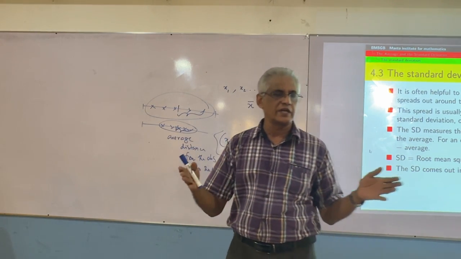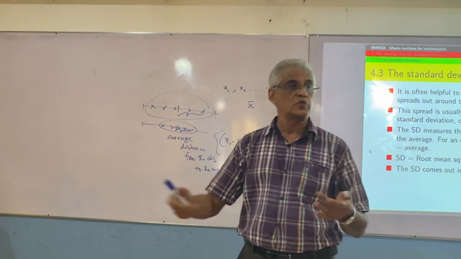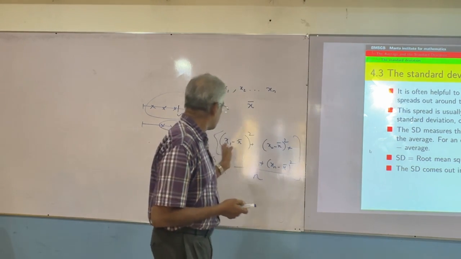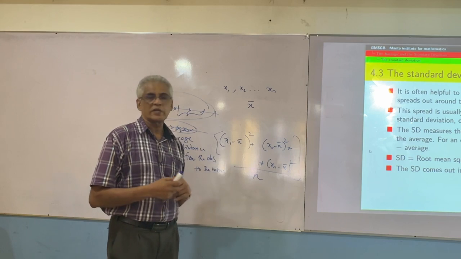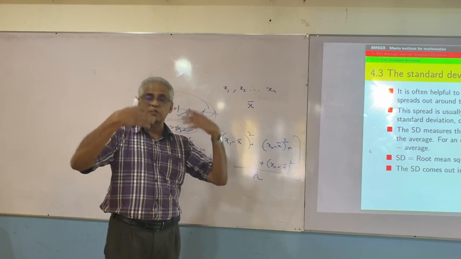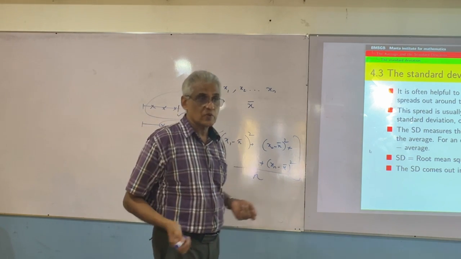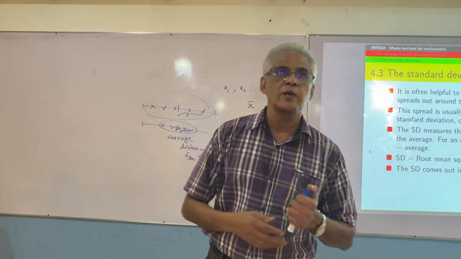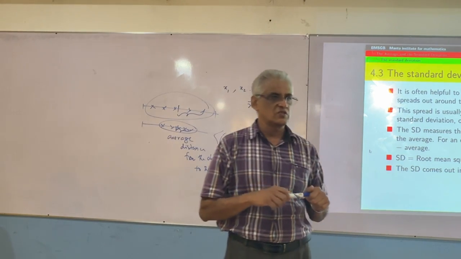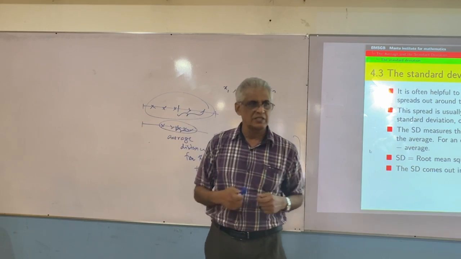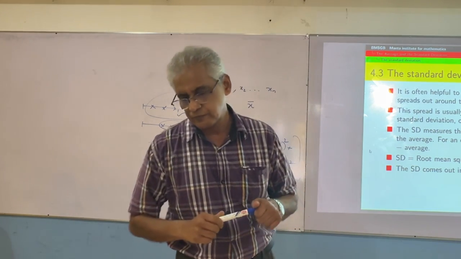Suppose the data are in kilograms, then x bar will also be in kilograms, and x1 minus x bar, x2 minus x bar will all be in kilograms, but when you square them, it will be kilogram squared. So your variance will be 25 kilograms squared. It's very difficult to interpret. What does it really mean?